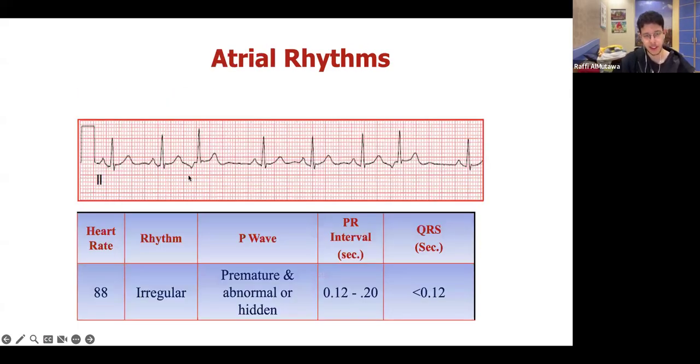All right, let's look at this one over here. First of all, the rhythm looks irregular. So can someone tell me what the heart rate is here and how you got to it? That's my first question to you guys.